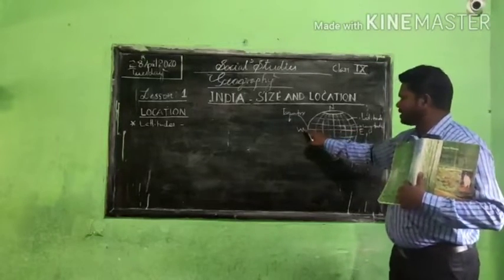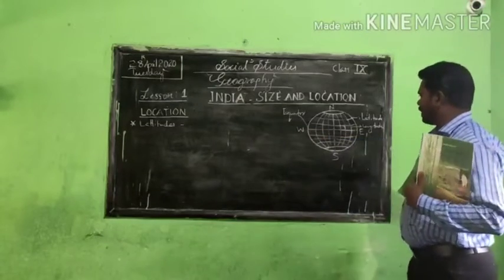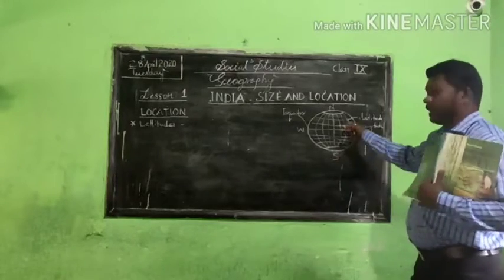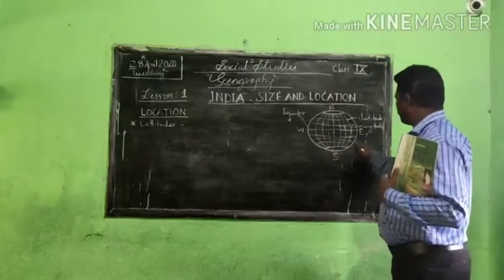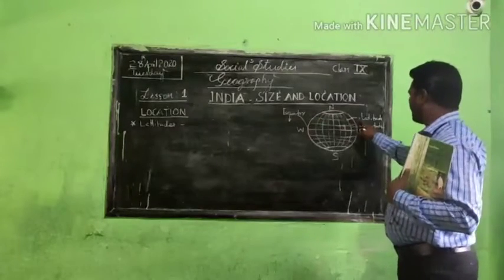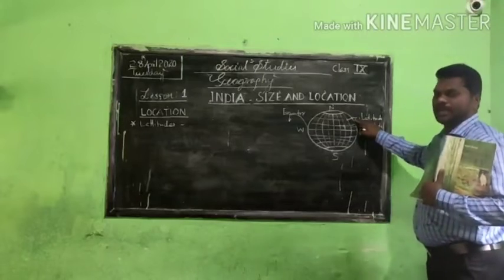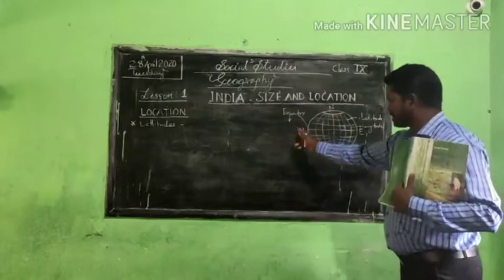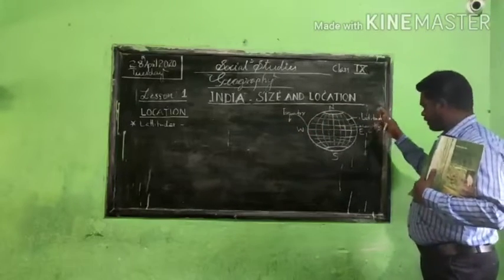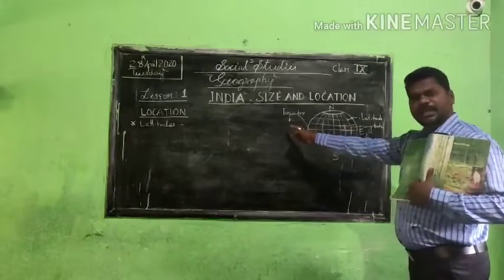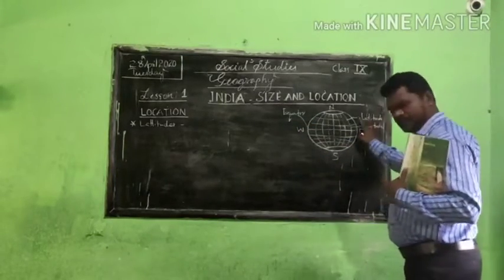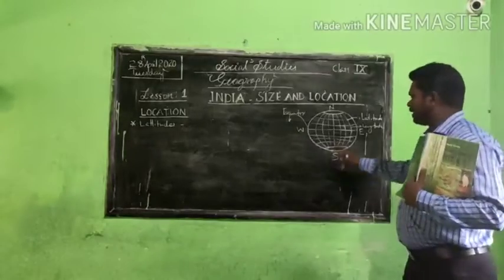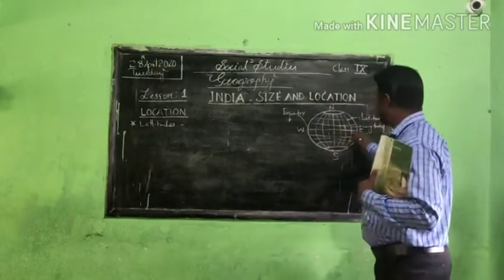The middle line that goes around is imaginary, that's the equator. Then the imaginary lines from the north to south are called longitudes, and the lines from the west to east, from the western side towards the eastern side, are called latitudes. And from the north pole to the south pole, the imaginary lines are called longitudes. And the middle one that we are seeing is the equator.